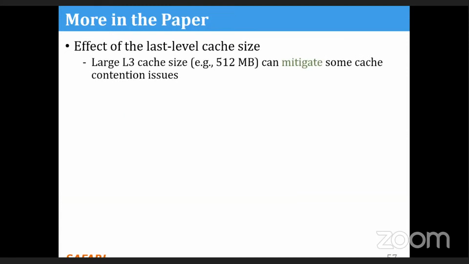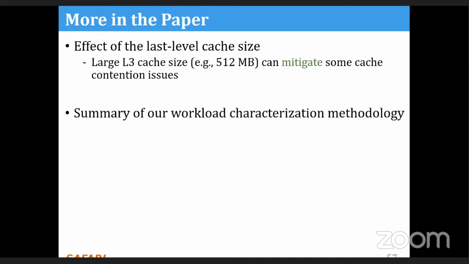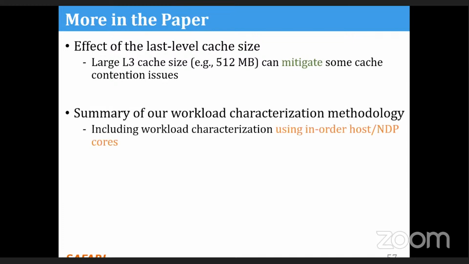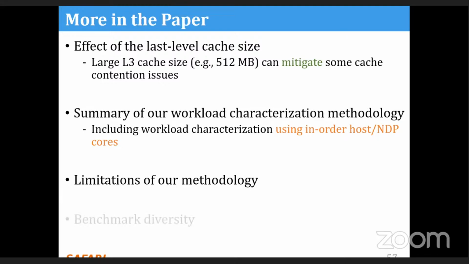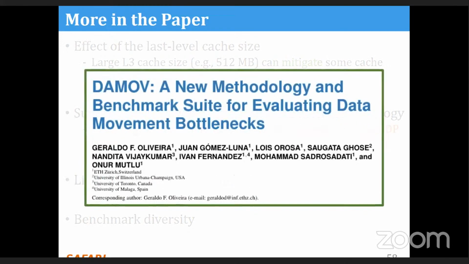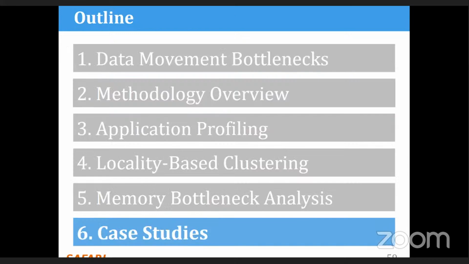You can find more in the paper: more analysis about the effect of a different size of the last level cache, a summary of our workload characterization methodology, also for in-order cores, as I said, on both the memory side and the processor side or host side. Then some limitations of our methodology and also some analysis of the benchmark diversity, because one product of this is the benchmark suite that we release publicly. And this is the paper.